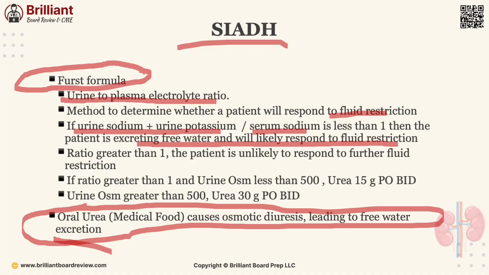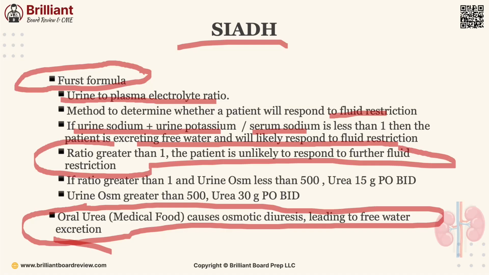If the ratio is greater than 1, the patient is unlikely to respond to further fluid restriction. If the ratio is greater than 1 and urine osmolar less than 500, you can give urea. We talked about this. 15 grams PO BID. If urine osmolar greater than 500, urea 30 grams PO BID can be administered.